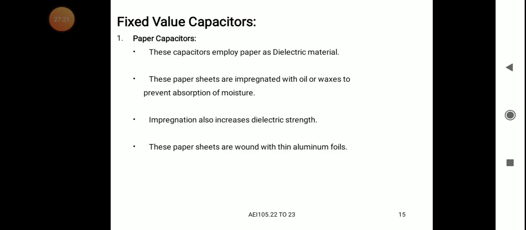These capacitors employ paper as the dielectric material. These paper sheets are impregnated with oil or waxes to prevent absorption of moisture.